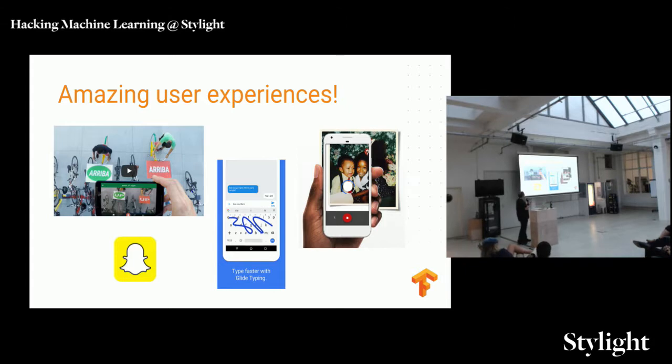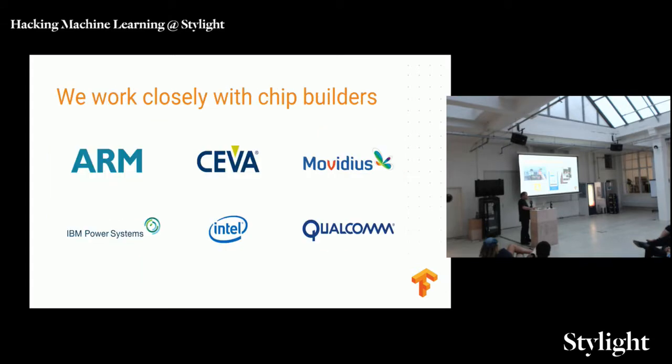So we see that with things like Google Keyboard, Snapchat, Google Photos, all of these things that are actually using TensorFlow and machine learning on device because they want to give users a much better experience. So that's really what's driving us when we think about this. We're working closely with a lot of chip builders and a lot of other external companies.